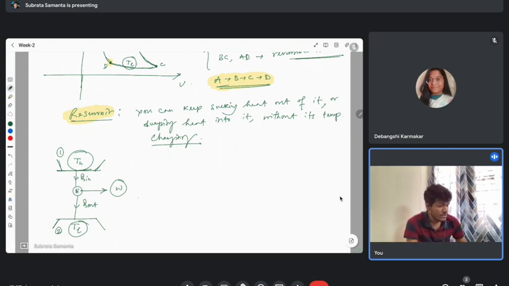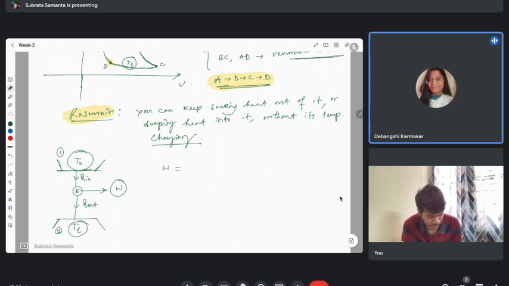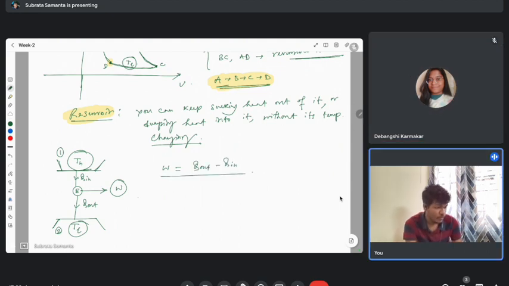Then we define an efficiency. By the way, what is the work done W? In this case, W is the work output by the engine.